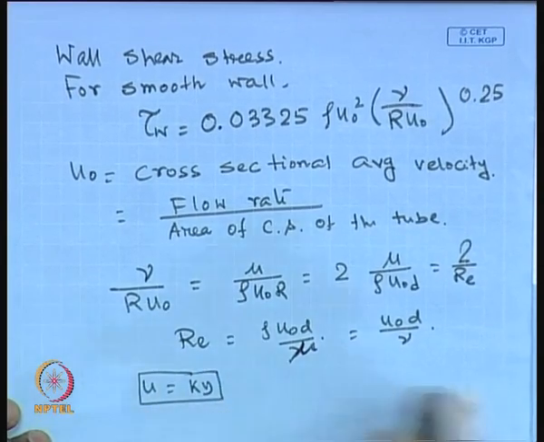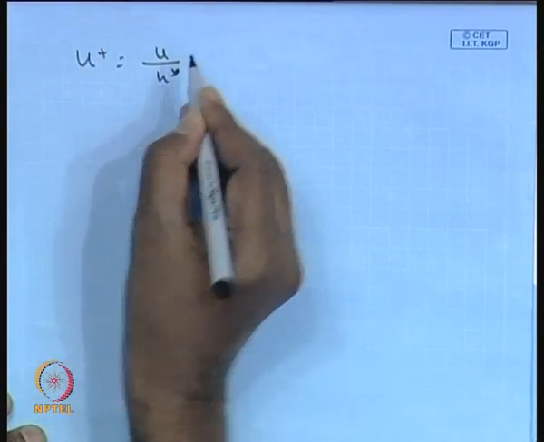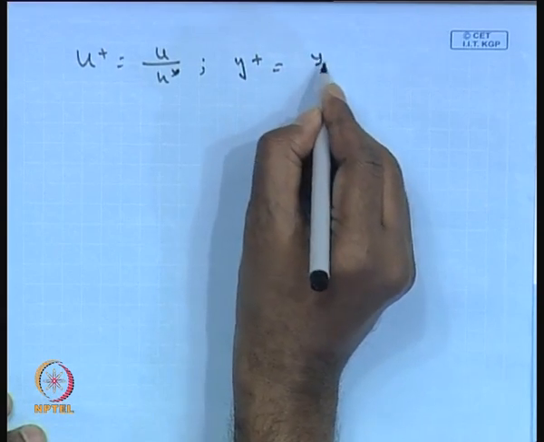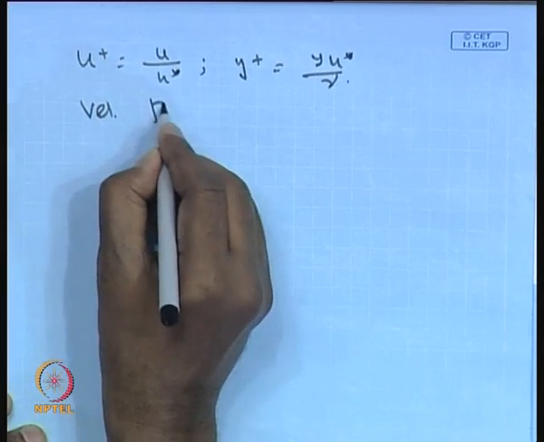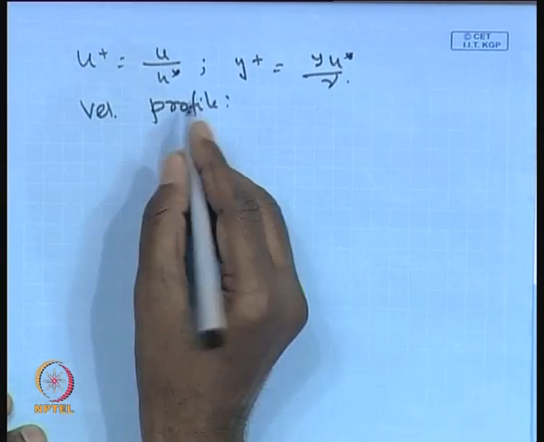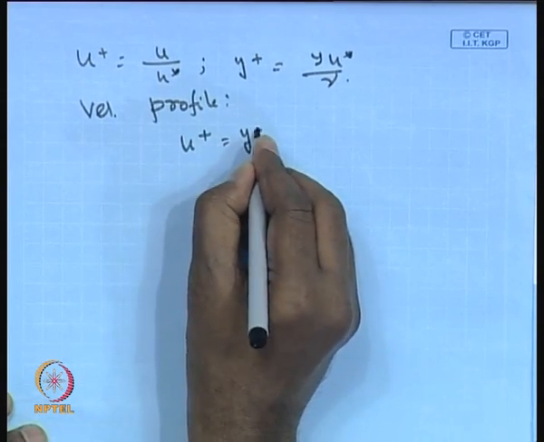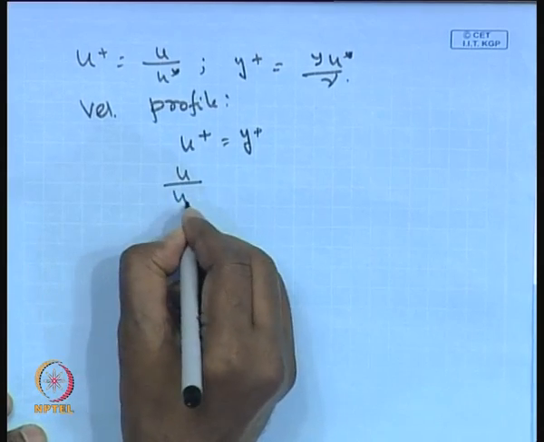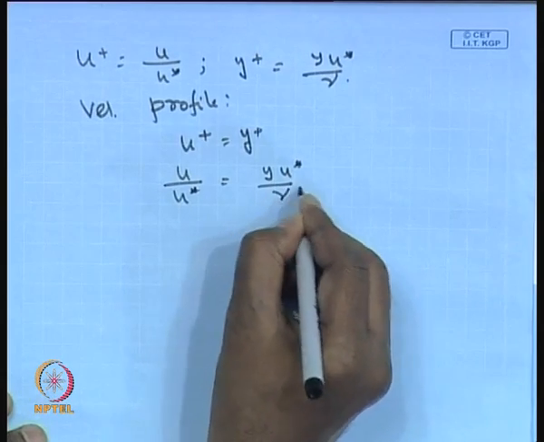So, that is our idea. If you do that, then let us define u plus as u by u star and y plus equal to y u star by nu. Our velocity profile in this particular case was u plus is equal to y plus, right. So, just put the value of u plus, u by u star is equal to y u star by nu.